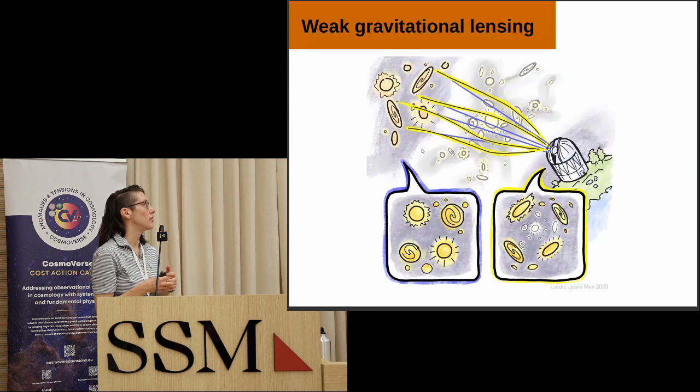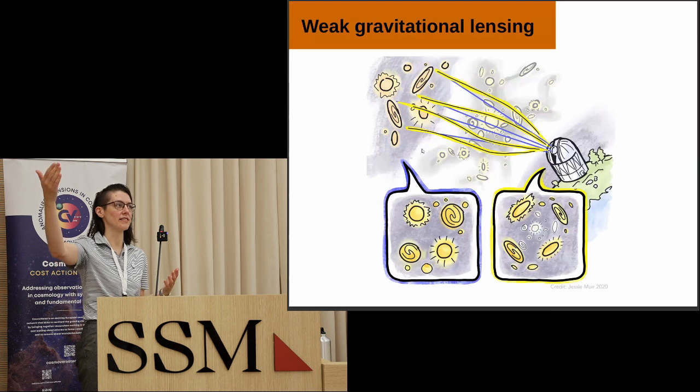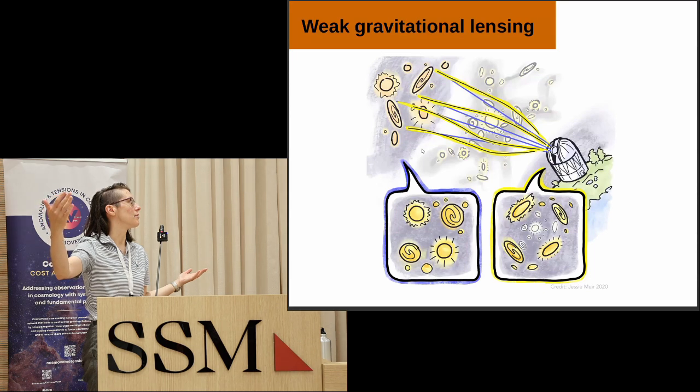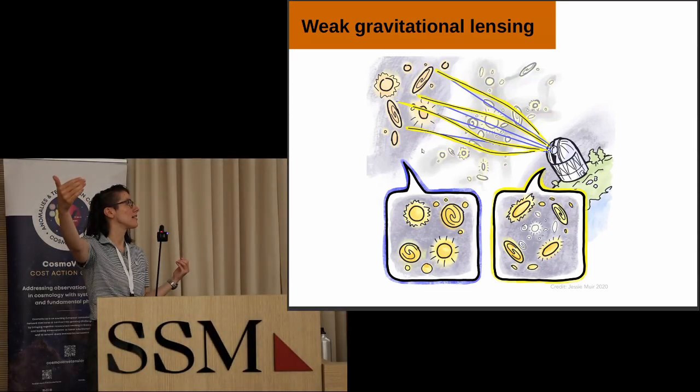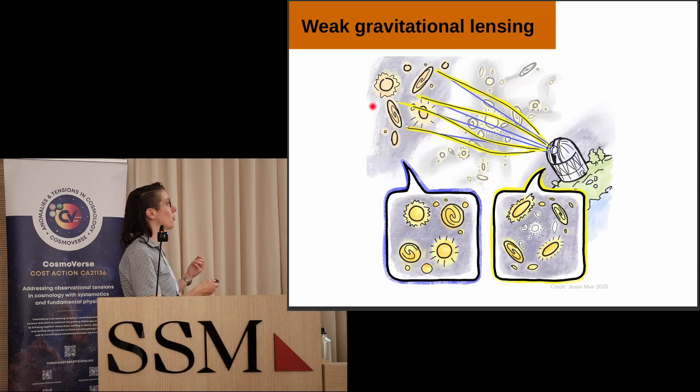These figures, this figure and the one on the next slide, are credit to Jesse Muir. To remind us all, when we're talking about weak lensing, we're talking about the scenario where we have a source of light far away from us as the observer. In this talk, those are going to be galaxies. So we have a galaxy, which we call a source galaxy. Those are these ones out here, and they have some light coming from them.